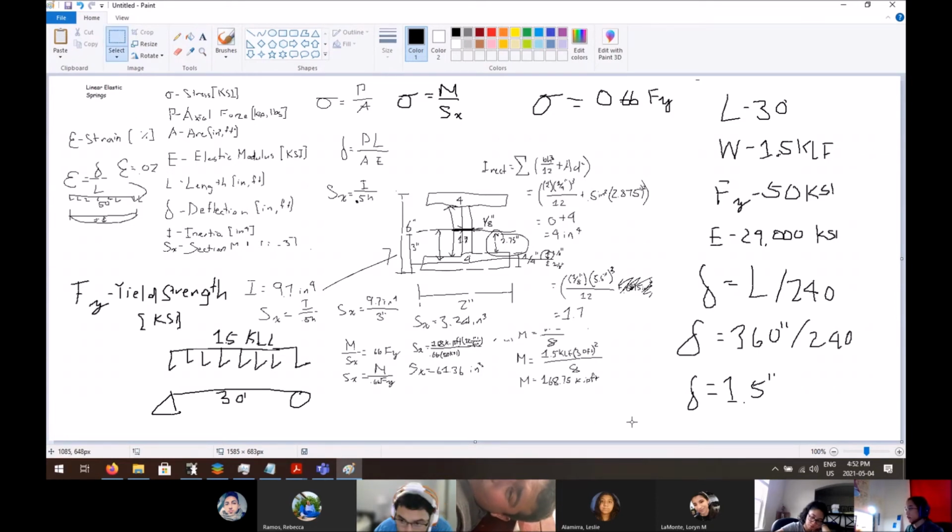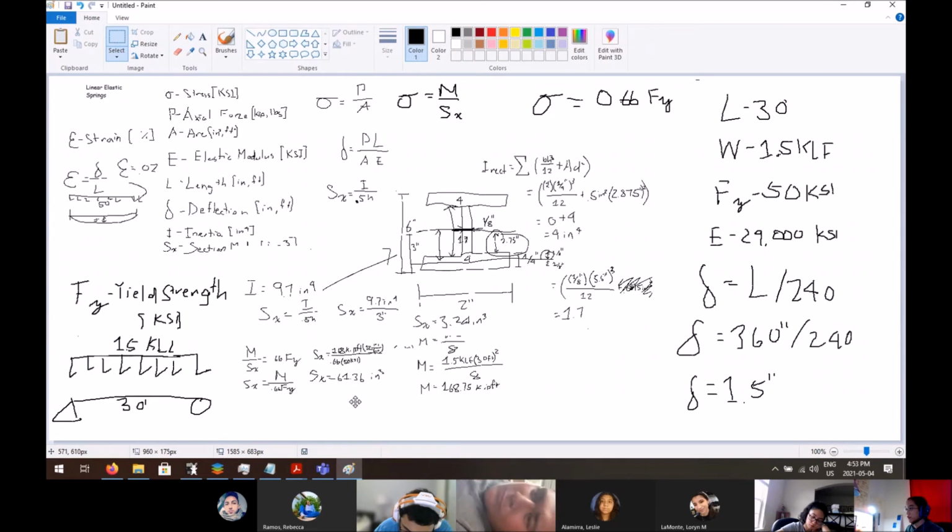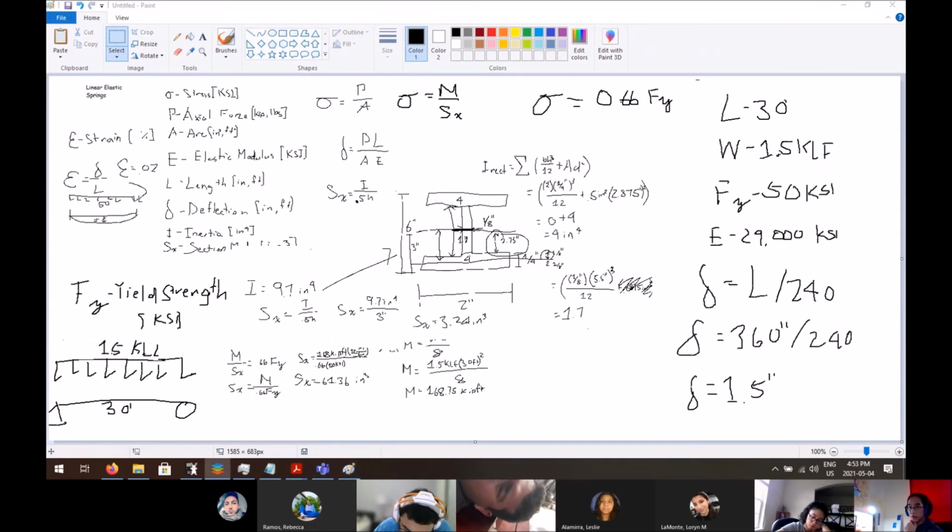All right, so now we can start figuring out. Wait, so it's 240, and that's out of 12 feet, or because the 240 is inches, right? Well, no, it doesn't have a value. So it's sort of like a percentage, right? So you have a length of a beam, and based on how long that length is, you have a maximum of how far it can deflect.